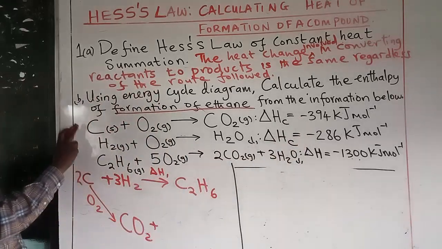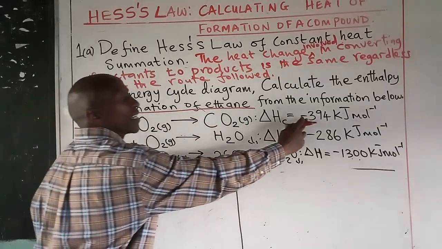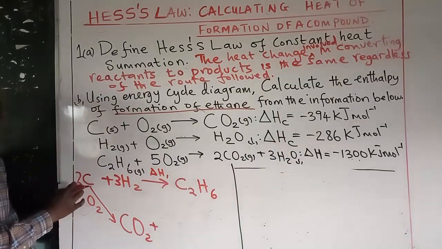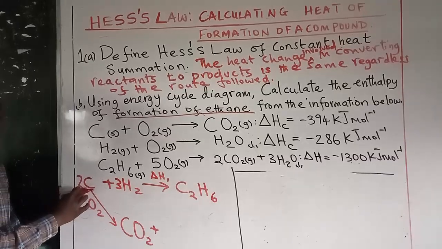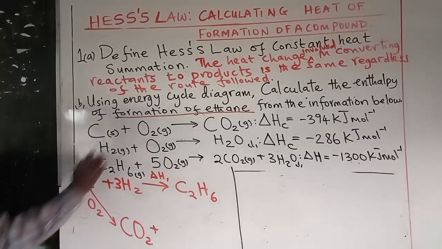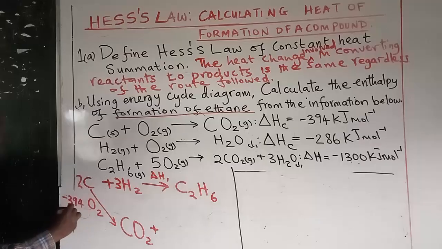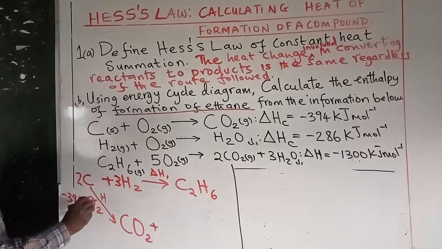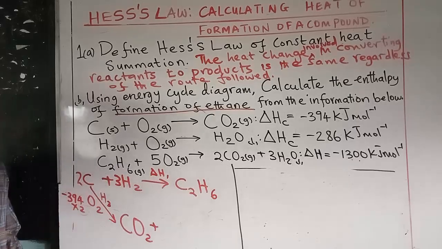So we can read it as when 1 mole of carbon undergoes combustion, it releases 394 kilojoules. What about when 2 moles of carbon undergo combustion? So that energy change will be, we need to double that, negative 394 times 2. That will give us our delta H, we can call it delta H3.